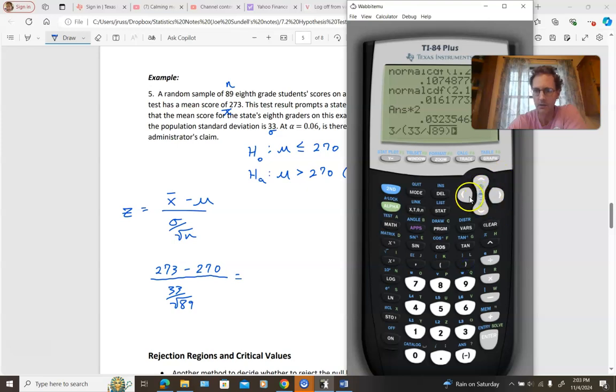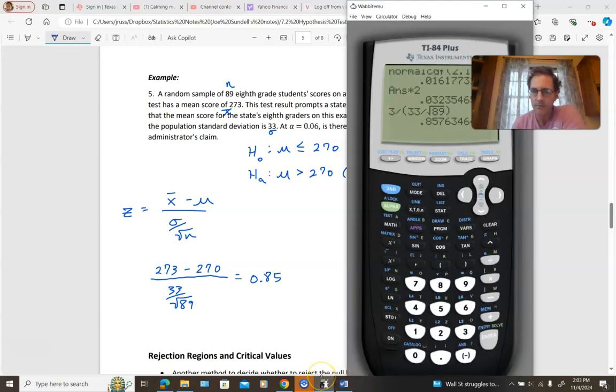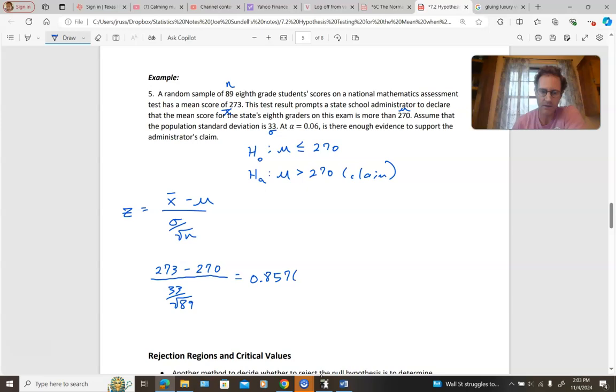Oops. I needed to get out from underneath that radical first and then close my parentheses. Okay, so let's hit enter. We get a standardized test statistic, which is kind of a tongue twister, by the way, equal to 0.85776. So this is our value for z.